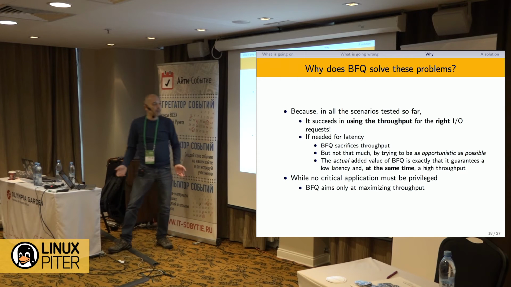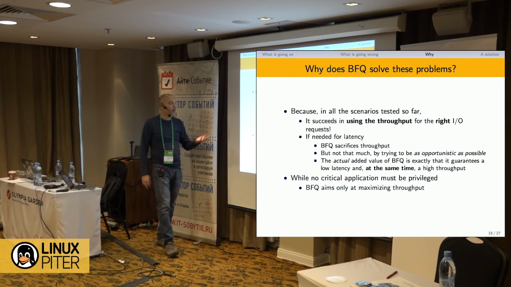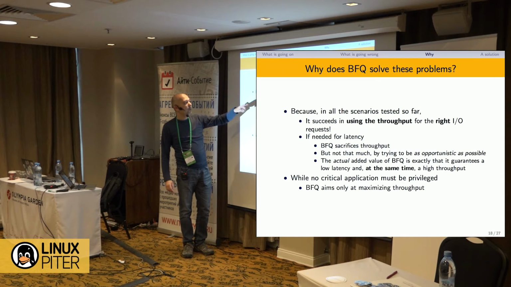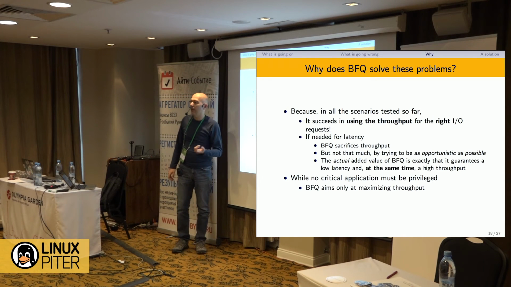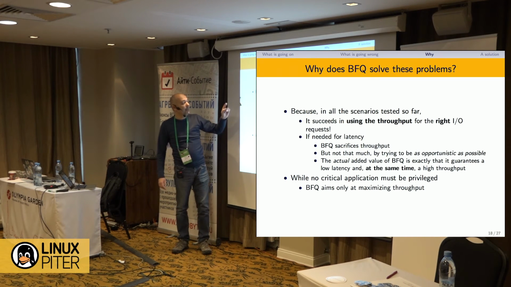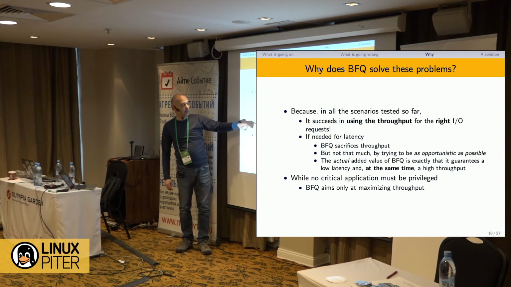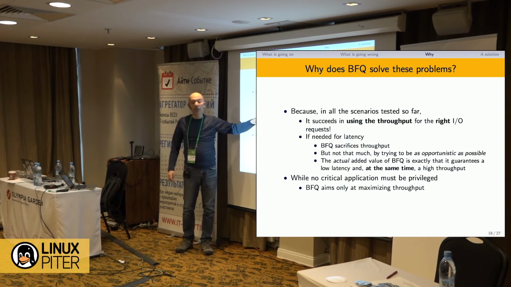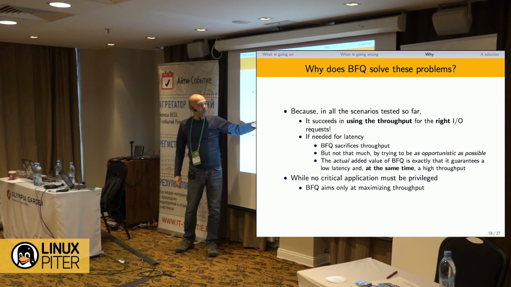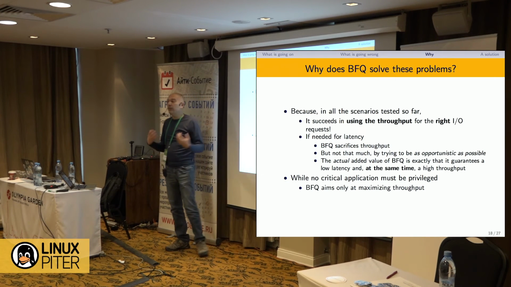So why does BFQ work? Is it magical? No, it's just that it tries to use the throughput to serve the right I/O request, the red one, okay? So it does so only if it is needed for latency. In that case, throughput may be sacrificed, but not that much, because BFQ is opportunistic.